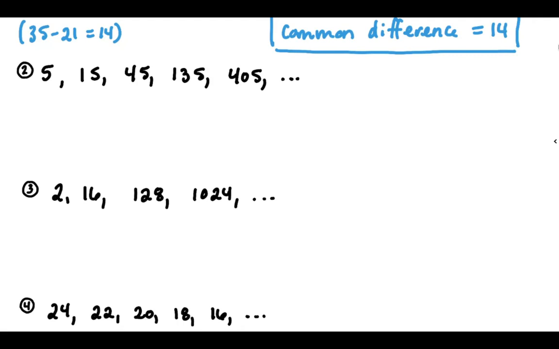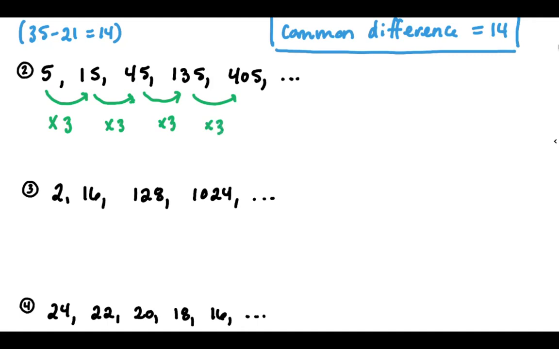It's going up, so we've got to be multiplying. So to get from 5 to 15, I multiply by 3, right? Is that the same? 15 to 45, that's times 3. And you could check that 135 over 45 is 3, so times 3, times 3.